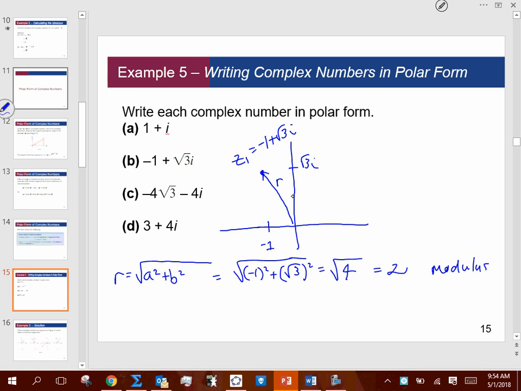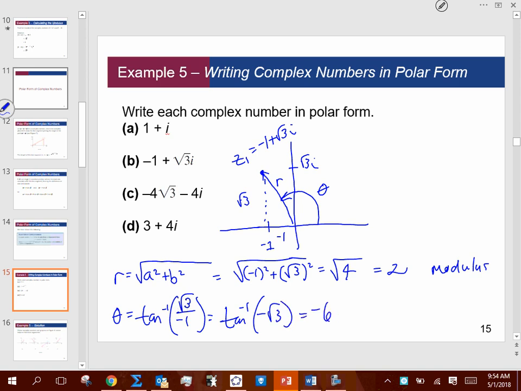Okay. Theta, guys, theta is that thing right there. It's always from standard position. If I take on my calculator root 3 and -1, if I say theta is equal to tangent inverse of opposite over adjacent, I get tangent inverse of negative root 3, which gives me negative 60 degrees, doesn't it?